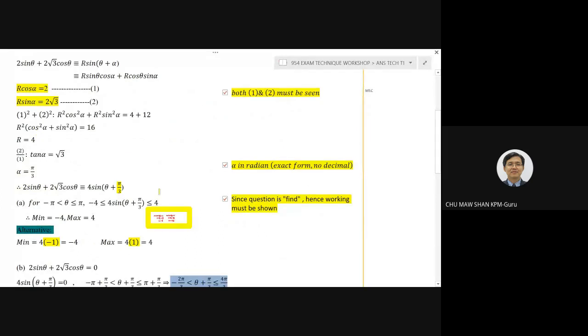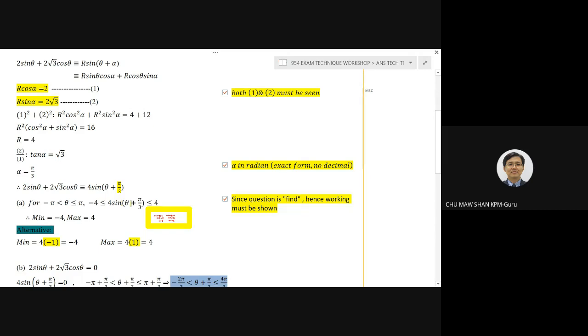So how to justify the answer? At least you must say this: for theta between these two values, 4 sine of the bracket is in this range, -4 to 4.